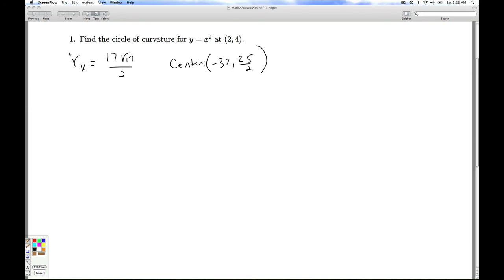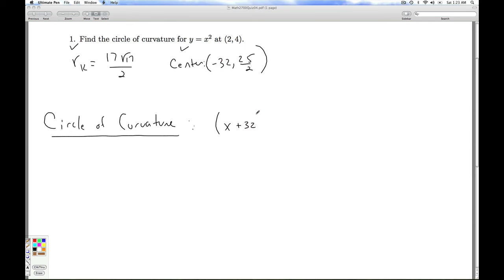So finally, we've got our radius and we've got our center. It's time to write our circle. So the circle of curvature: x minus the x component, quantity squared. x minus negative 32 is x plus 32, quantity squared, plus y minus the y component, quantity squared, equals, I've got to square this.